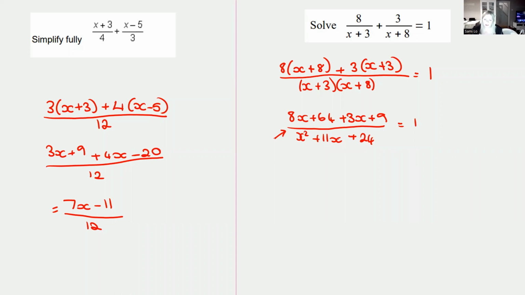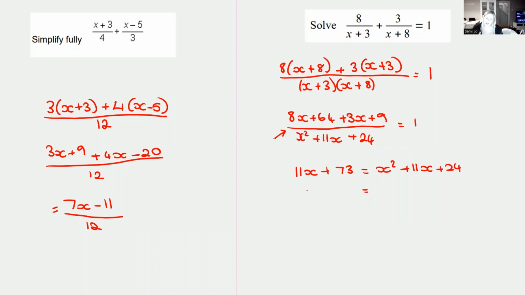But because it's a 1, it's going to stay the same, because times it by 1 doesn't make a difference. So the top line is becoming 11x plus 73. And this line now becomes x squared plus 11x plus 24.